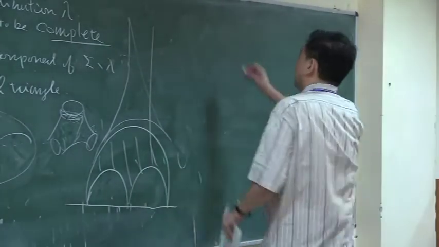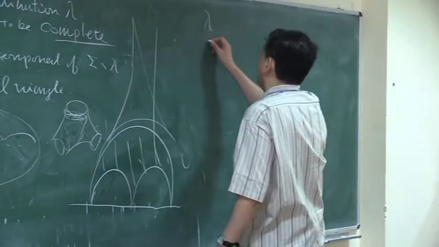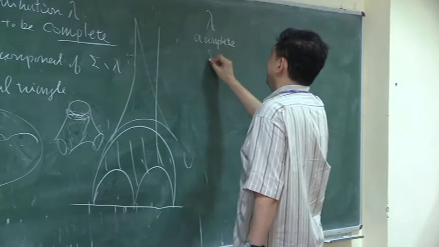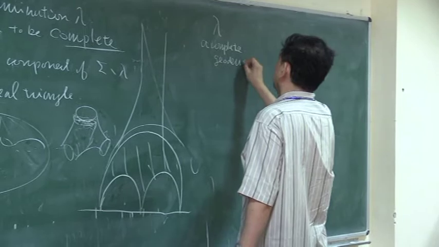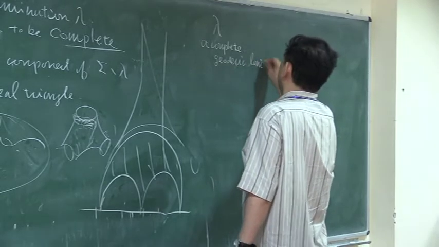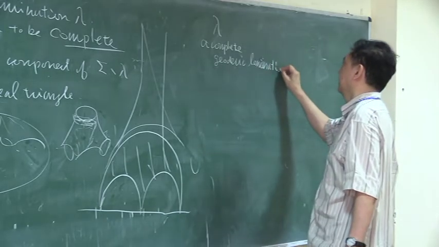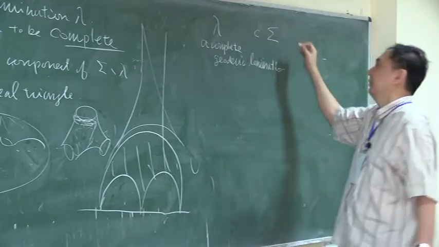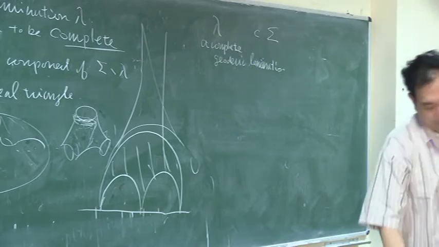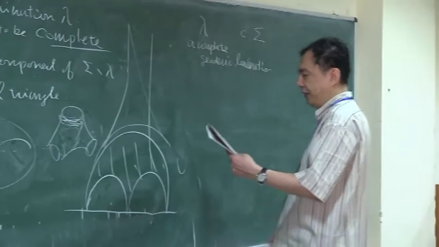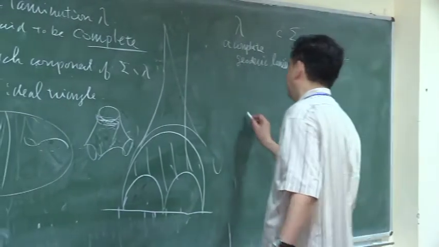So we are considering a complete geodesic lamination lambda on a closed hyperbolic surface sigma. Then you can define a stretch map.